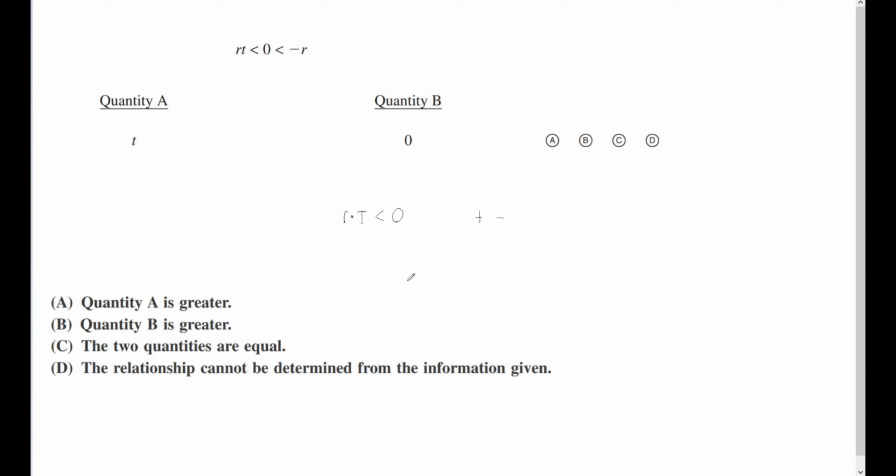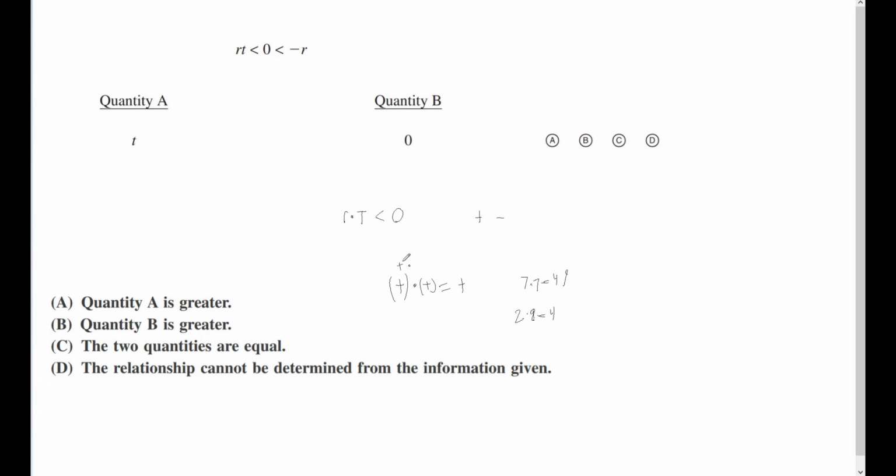The reason why is because a positive multiplied by a positive is always going to be another positive. Like 7 times 7 is equal to 49, or 2 times 2 is equal to 4. That's the point: a positive times a positive equals a positive. A positive times a negative always equals a negative.